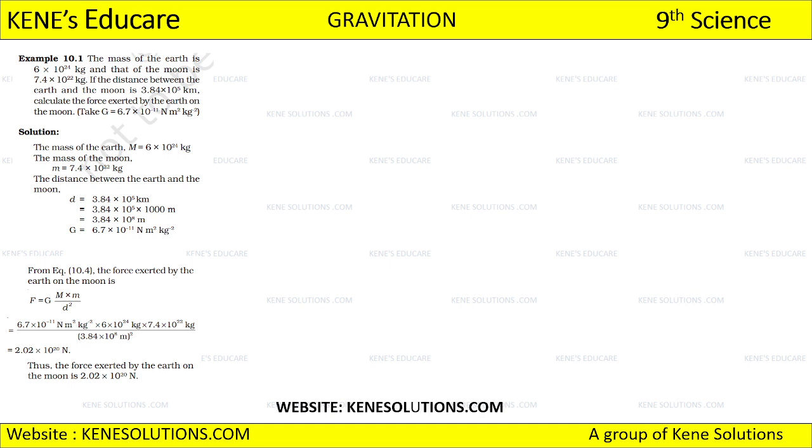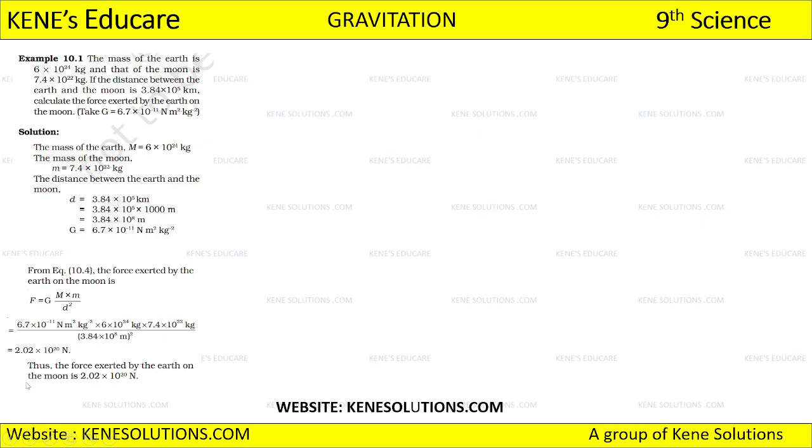Okay, so I hope every one of you is able to calculate the thing. Because you have three different values for 10 raised to, one is 10 raised to minus 11, another is 10 raised to 24, and the last one is 10 raised to 22.